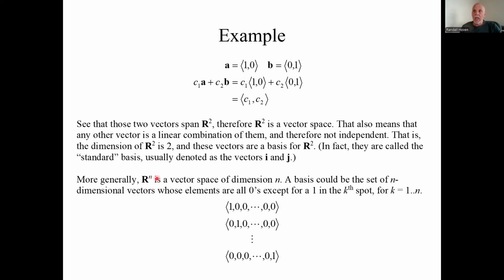And generally Rn, n-dimensional real numbers, has a dimension of n. The standard vectors, I'll go through this a little bit later, I call it the 1-0 trick. An easy way to set up a bunch of linearly independent vectors is to set one free variable to 1 and the rest to 0 and sequence through them all. So this would be like a basis set for Rn.